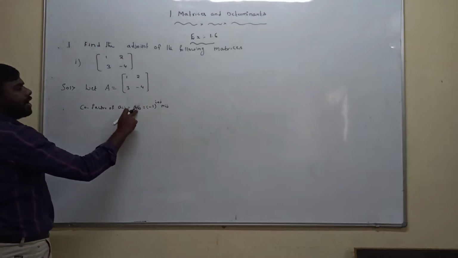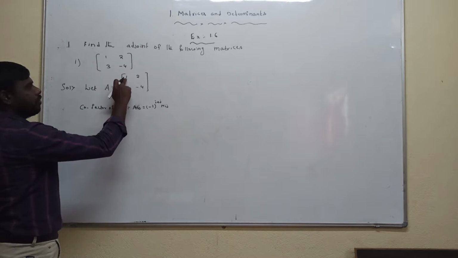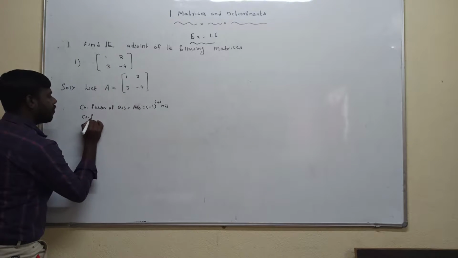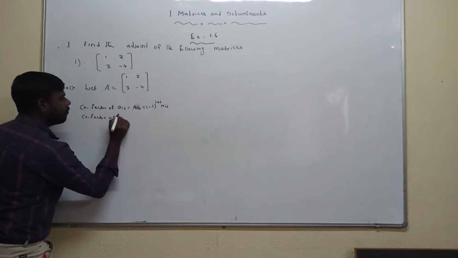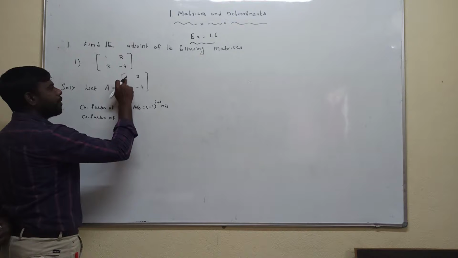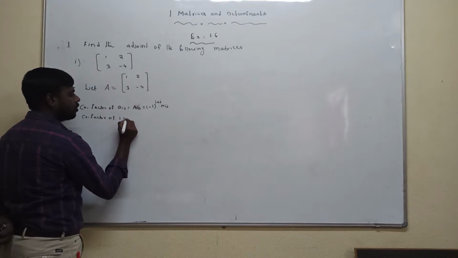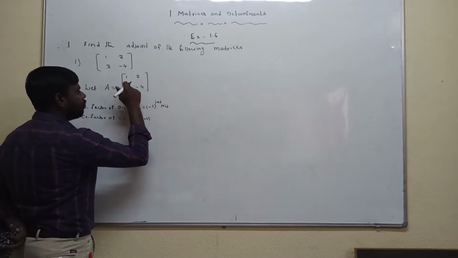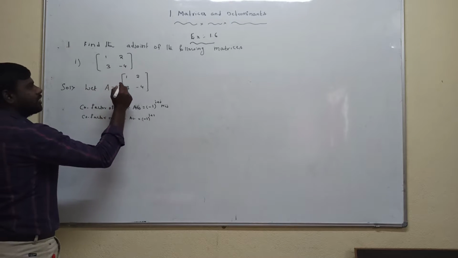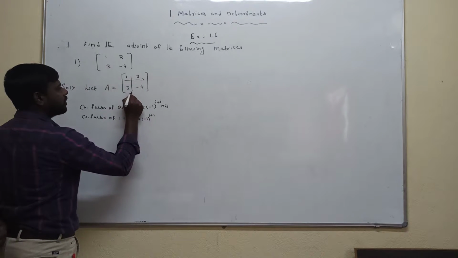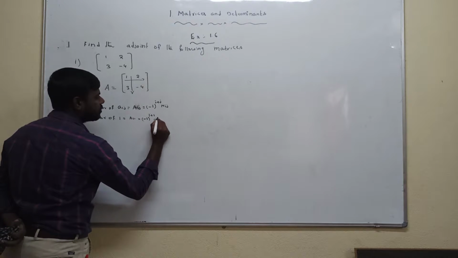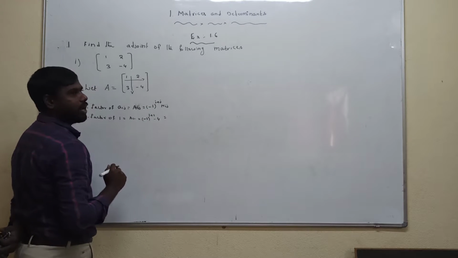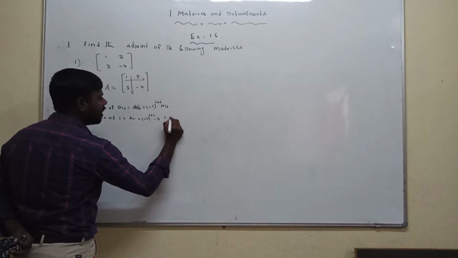Now 1 is present in the first row, first column, that is a11. So cofactor of a11 is (minus 1) to the power of i plus j, first row first column. The first row and first column are deleted, so the left element is minus 4. Minus 1 whole squared is plus 1, and 1 into minus 4 is minus 4.